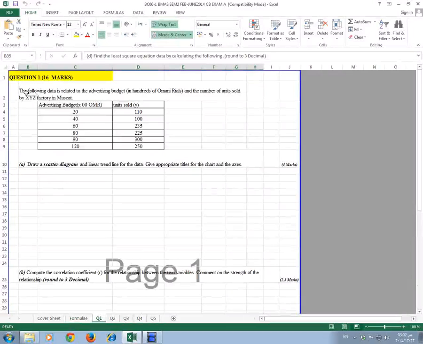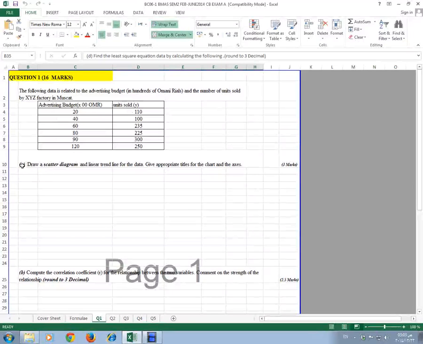The statement is that the following data is related to the advertising budget in hundreds of Omani Riyal and the number of units sold by XYZ factory in Muscat. The advertising budget is the independent variable, and units sold is the dependent variable, which is Y.